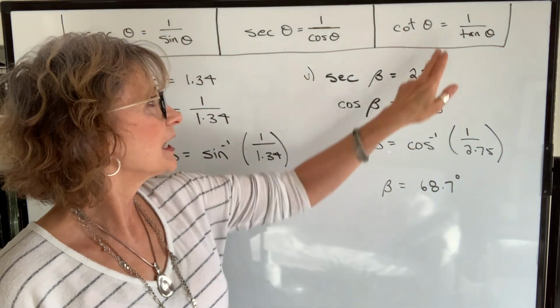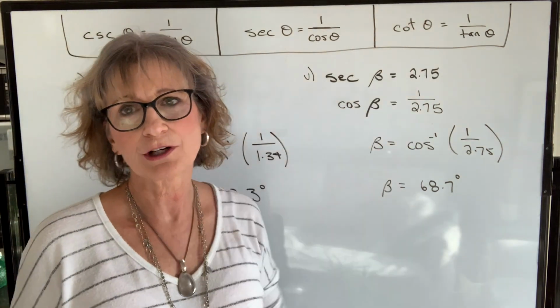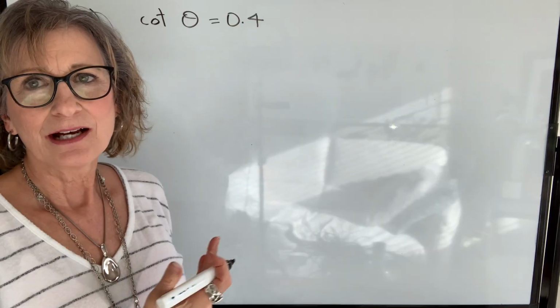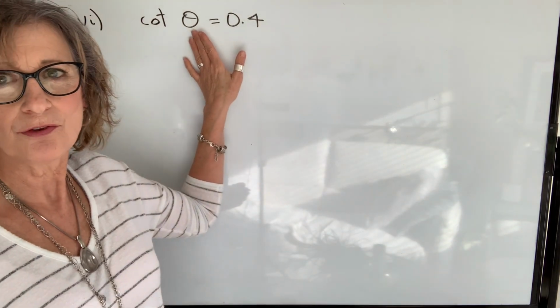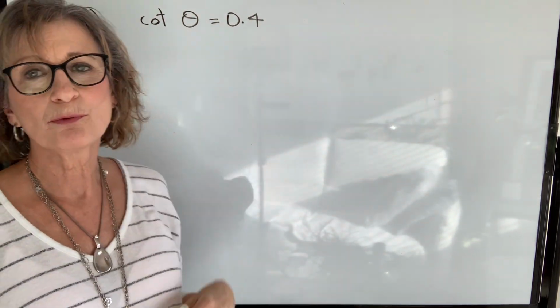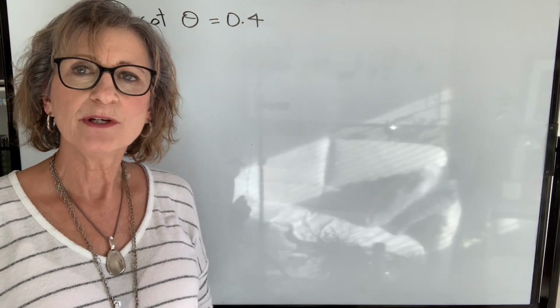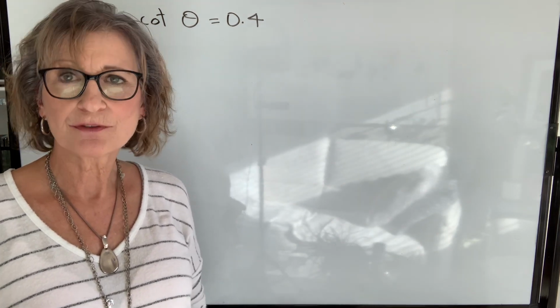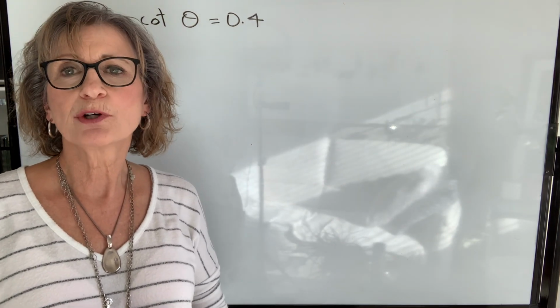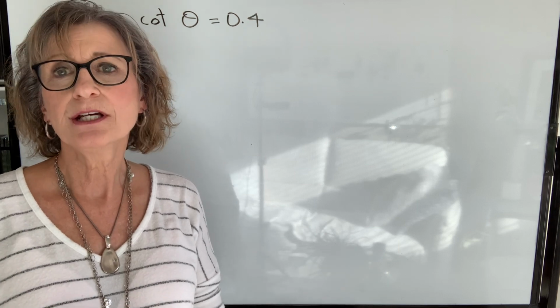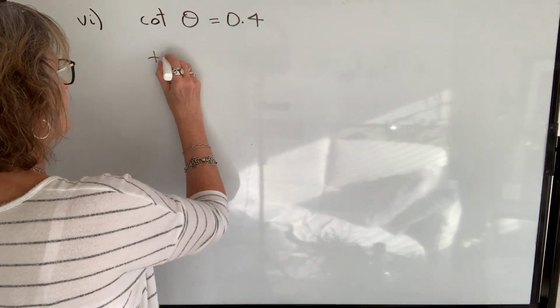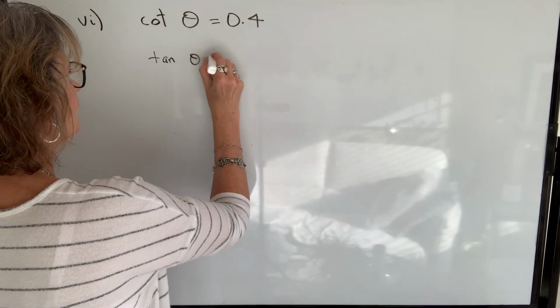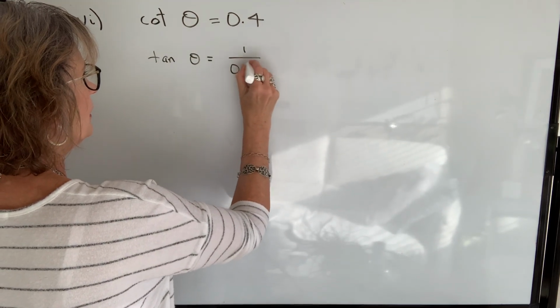Let's do one more example, and let's work with cotangent for our last example. We know that cotangent of some angle, which I call theta, is equal to 0.4. We want to find the angle. We do not have the inverse of cotangent on our calculator, so we're going to go to its reciprocal function. We know that cotangent is the reciprocal of tangent, so therefore the tangent of theta will be the reciprocal of 0.4.